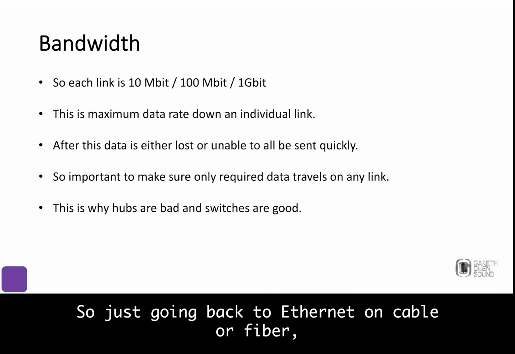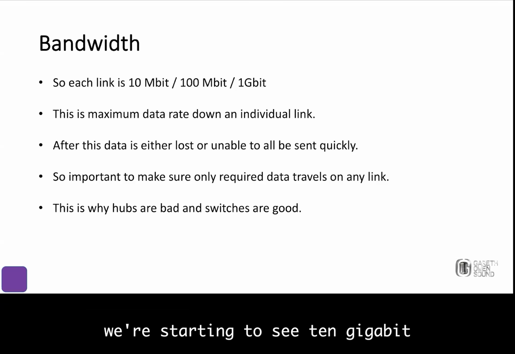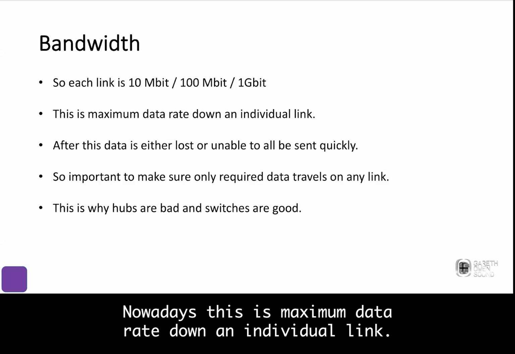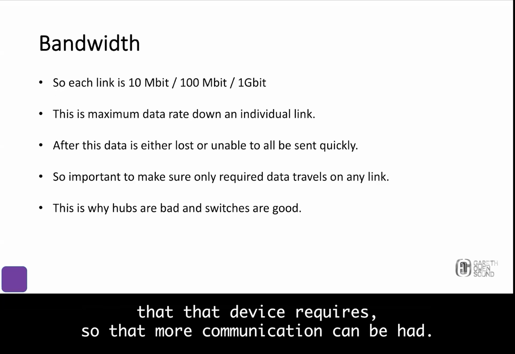So, just going back to Ethernet, on cable or fiber, the standard links at the moment are 10 megabit, 100 megabit, or 1 gigabit. We're starting to see 10 gigabit available on the very expensive switches nowadays. This is the maximum data rate down an individual link. So what's important is that we only send data from a switch to a device that the device requires, so that more communication can be had.